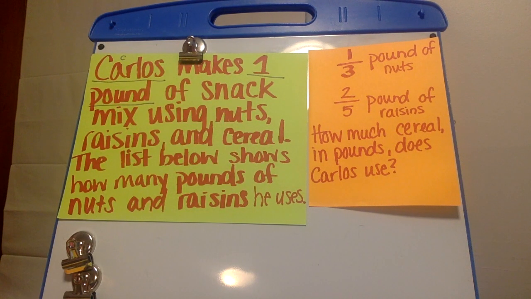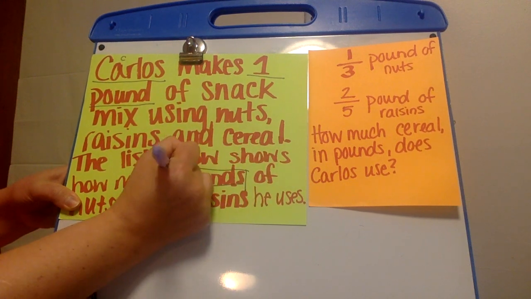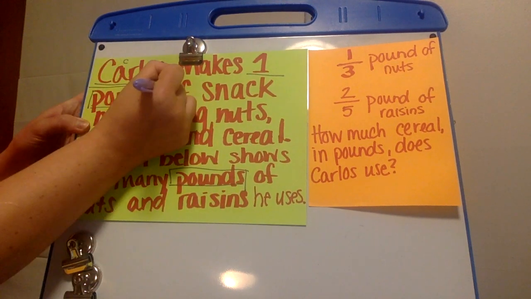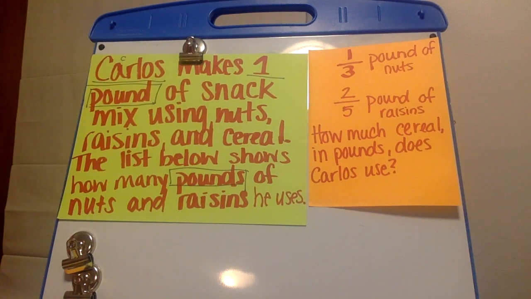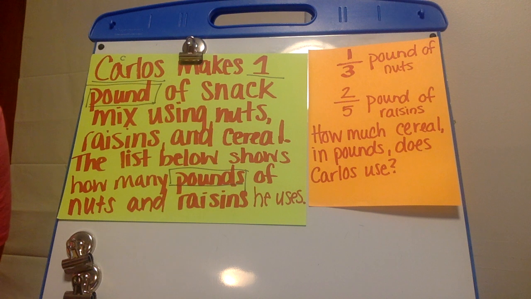The list below shows how many pounds of nuts and raisins he uses. Okay, again, coming back to the pounds. How many pounds? And just a reminder, boys and girls, you should already have this work done. So this is kind of like you just watching me as if I was on the document camera in our regular school day.